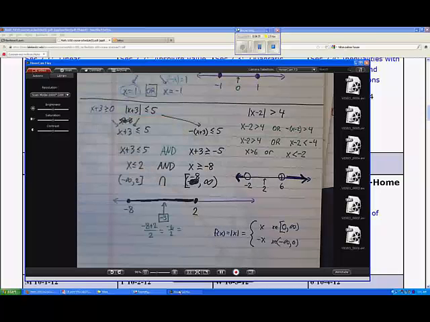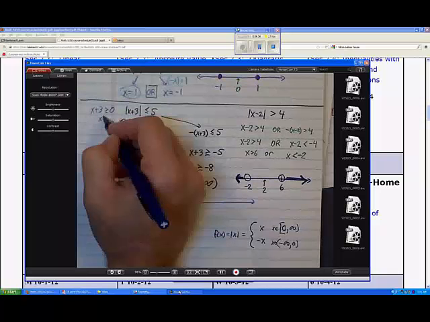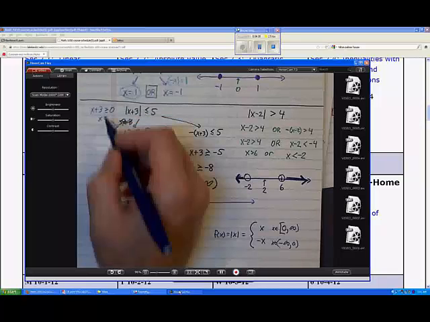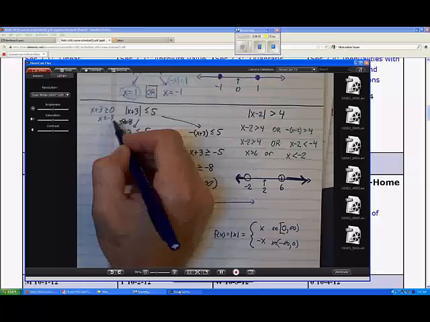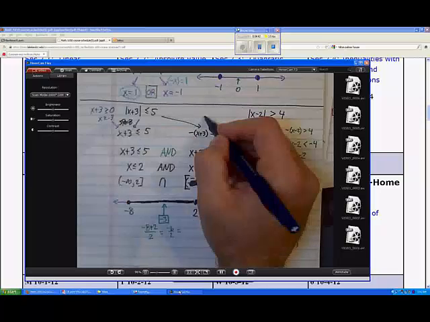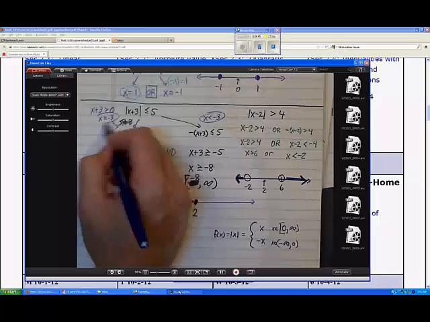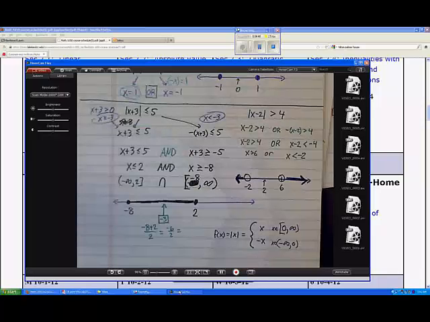In other words, if x is bigger than or equal to what? Negative 3. And over here, we do this if x is less than negative 3. There's always cases when you take away absolute value bars, if you want to do it piecewise. Okay? And that idea, I think, is important.